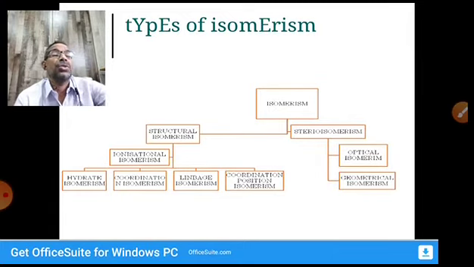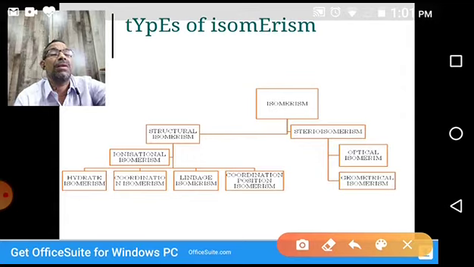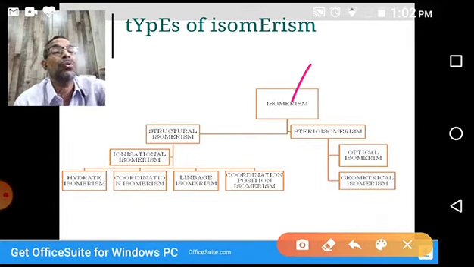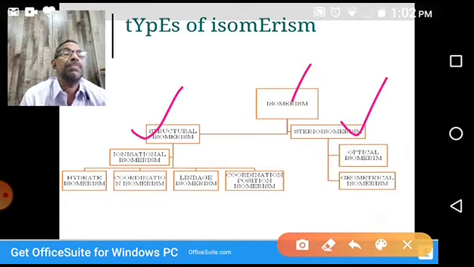This is the classification of isomerism in coordination compounds. Isomerism is broadly classified into two types: structural isomerism and stereoisomerism.